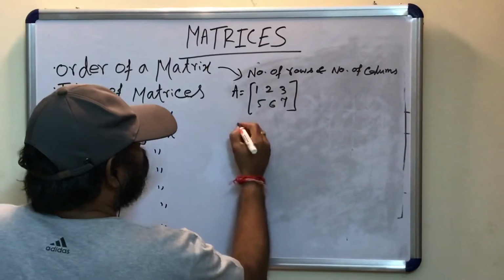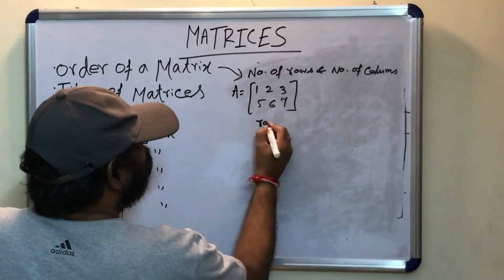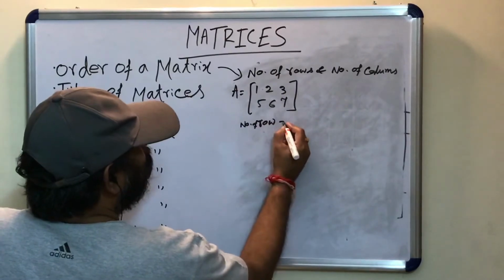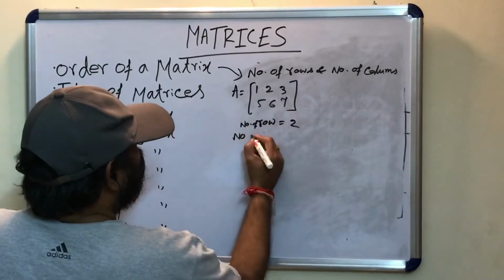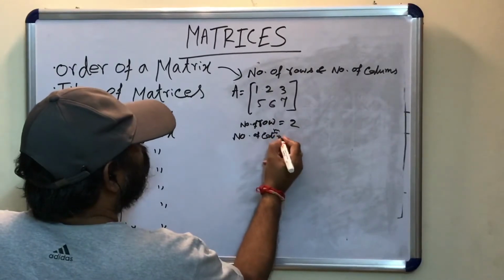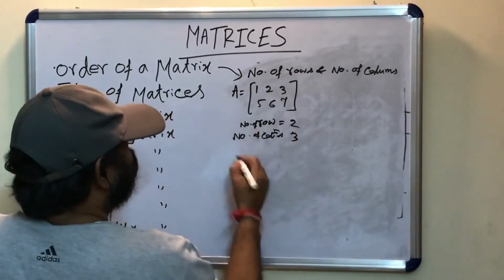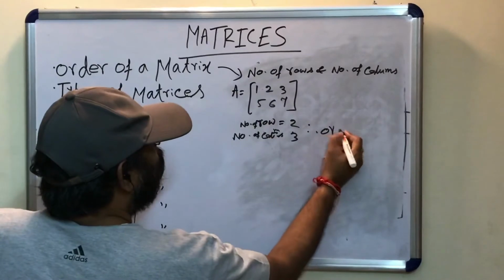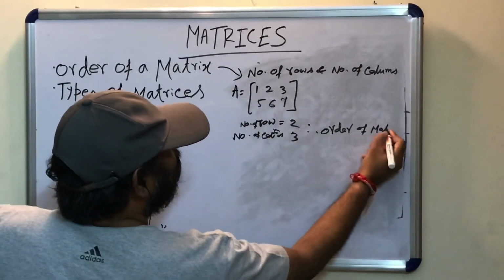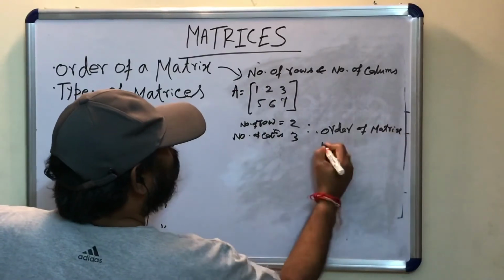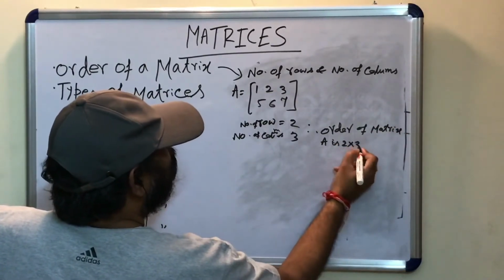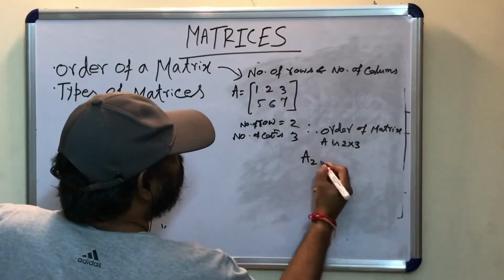The number of rows is 2. The number of columns is 3. Therefore, the order of matrix A is 2 by 3, represented as A 2×3.